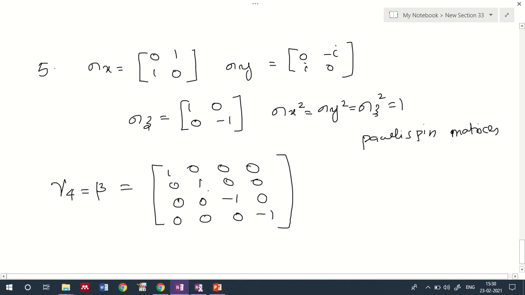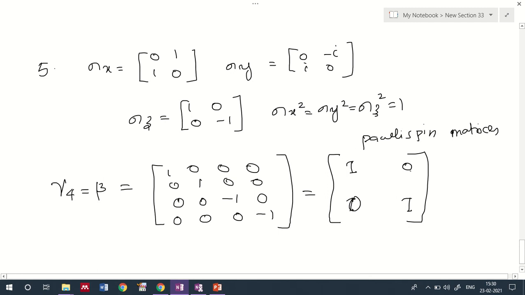So by considering this we can say that the matrices will have the form, and we can represent these matrices simply like I, 0, 0, I. So it's a unity matrix, the unitary matrix will be on one side.